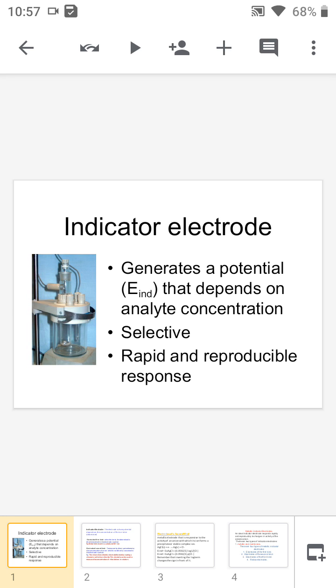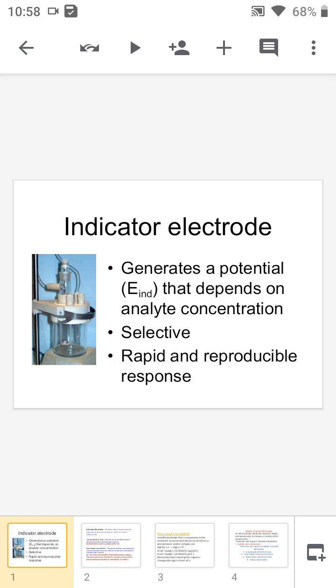So today we are discussing what we mean by an indicator electrode. An indicator electrode is an electrode which is immersed in the analyte solution to determine the potential of the analyte solution. The potential of an indicator electrode is generally represented as E_ind, which depends upon the analyte concentration surrounding that electrode.